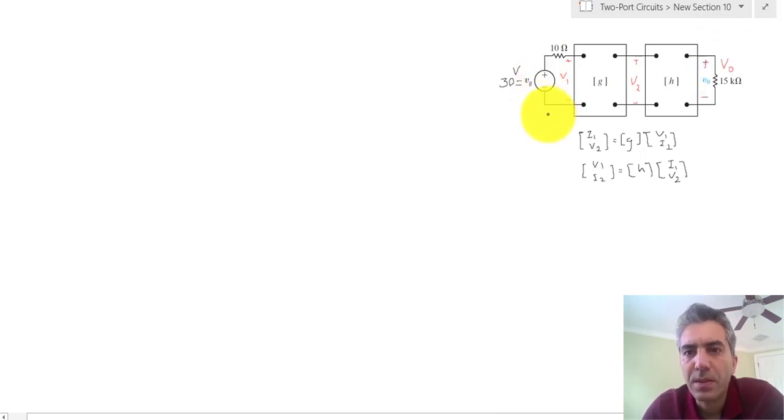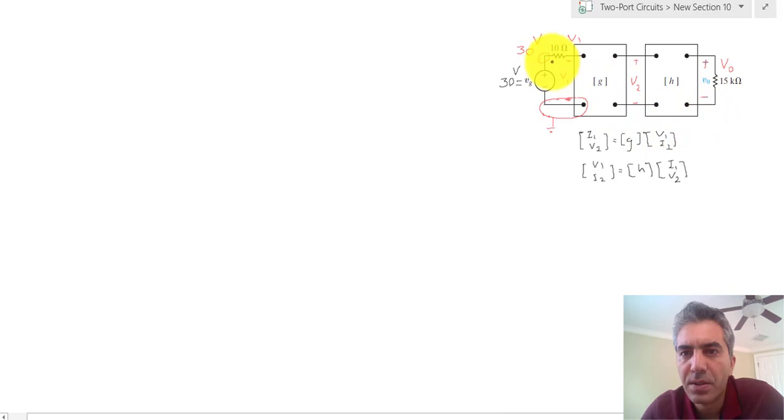Now, assuming that this is our ground, this obviously becomes my V1, and this becomes 30 volts. This becomes V2 plus, and this becomes V2 minus. This is V out plus and V out minus.